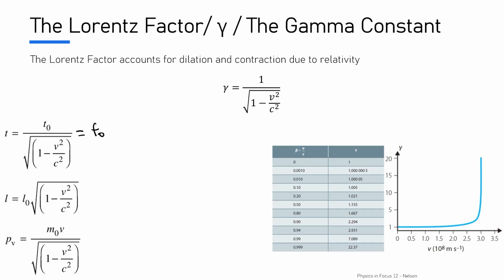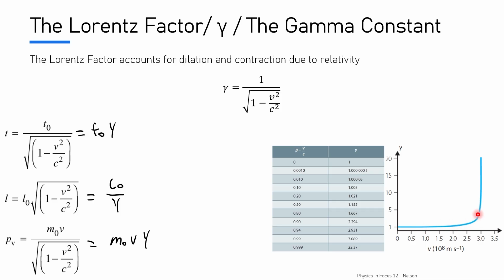As such, our time dilation equation can be written as t0 gamma. Our length contraction equation can be written as L is equal to L0 on gamma. And for a momentum dilation formula, p can also be written as m0 v gamma.